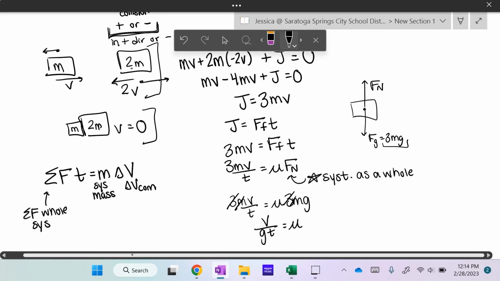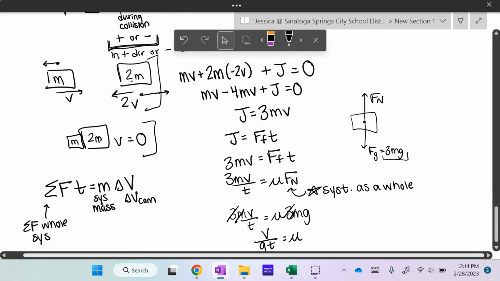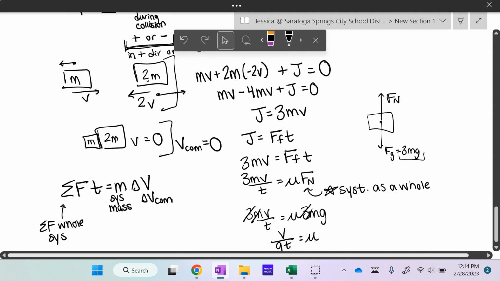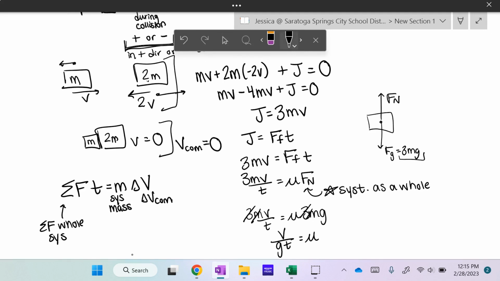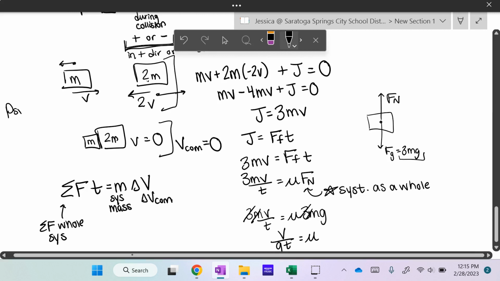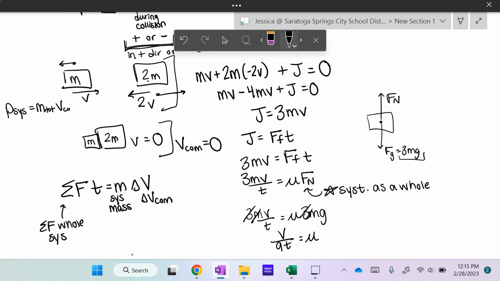Okay. So here, my final speed of the center of mass is going to be 0 because both objects are at rest. Remember, I can find the velocity of the center of mass by doing the system momentum equals the total mass times the velocity of the center of mass. So initially, my system momentum was mv minus 4mv, so negative 3mv, and we have a total mass of 3m.